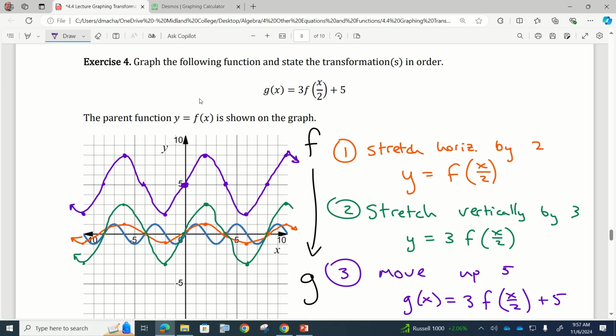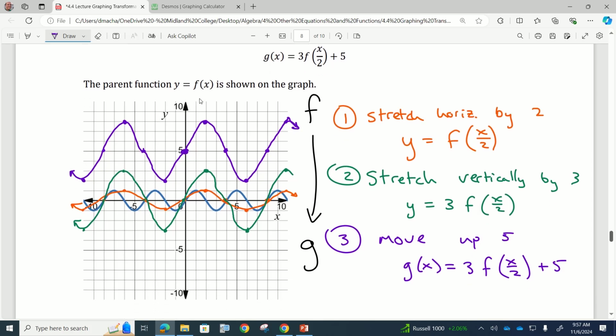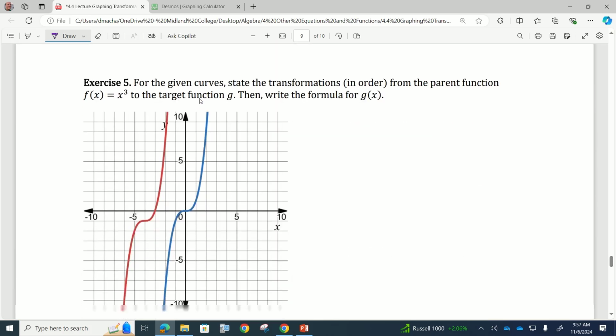Okay. Questions? Super easy. So these aren't hard questions if you know what the transformations do. It's going to be just a struggle to memorize what each transformation looks like in the formula.